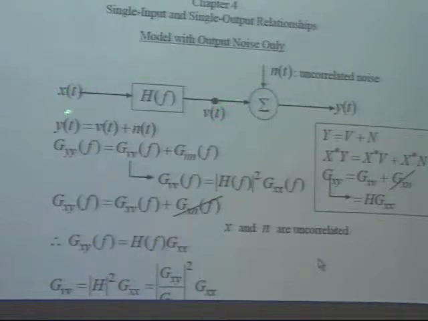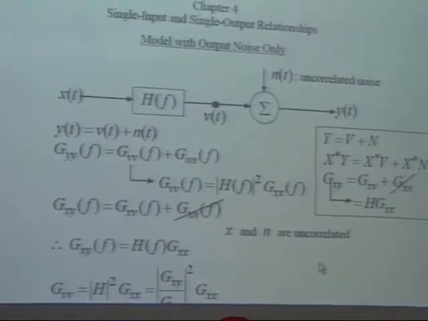Around here, X is the same, V replaced by Y, so you can tell right here, Gvv is equal to H absolute square times the Gxx, or Gxv is equal to the H times Gxx.